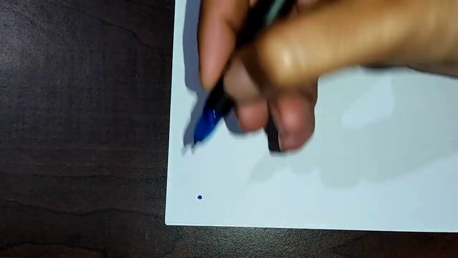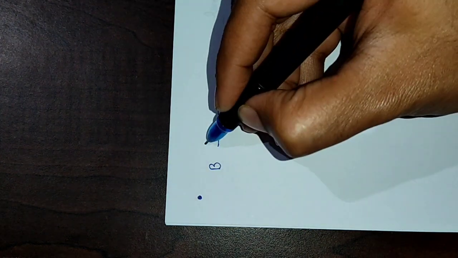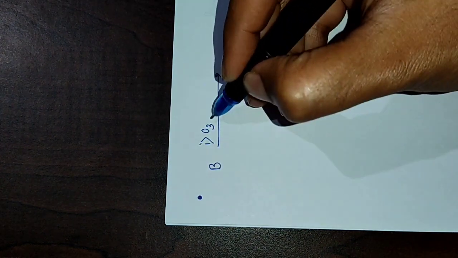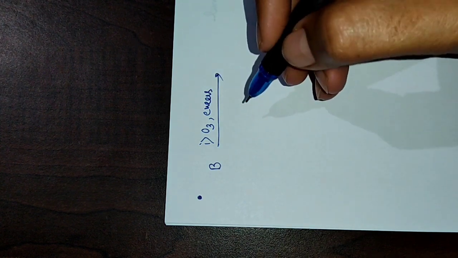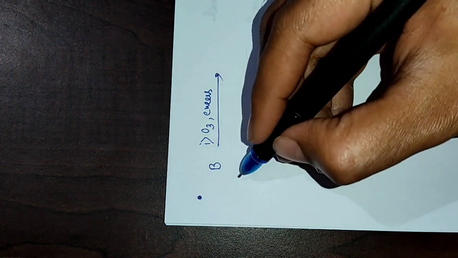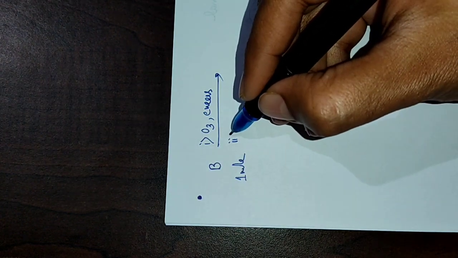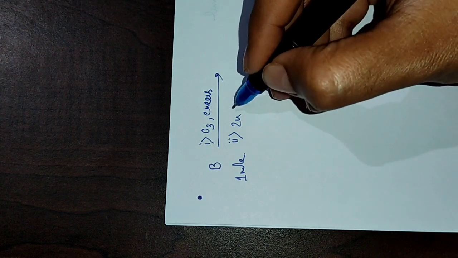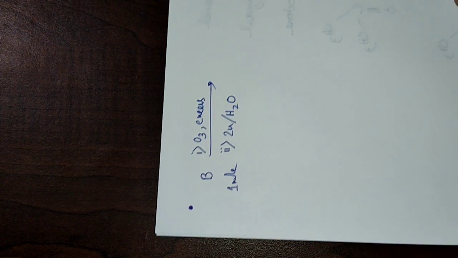In another problem, ozone is given in excess to 1 mole of B, and Zn/H2O or DMS is applied later on.